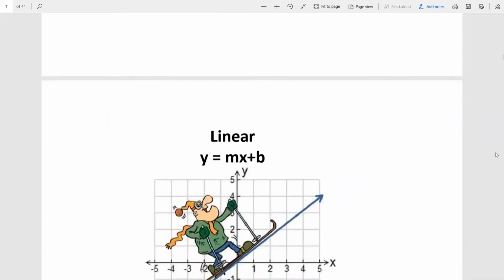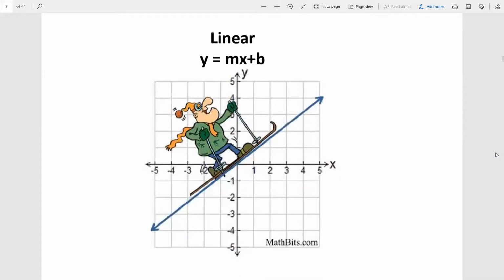Now, the first one I'm sure you're very familiar with. It's a linear function. The graph is a straight line. For any value of x, you have only one value of y. I'm sure you've heard the equation of a linear function, y equals mx plus b, in which m is the slope and b is the y-intercept.